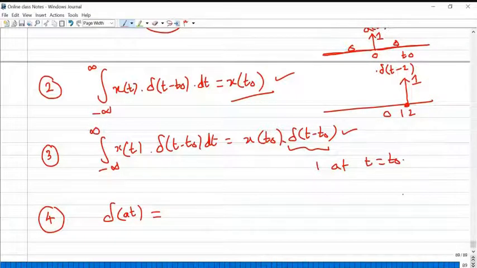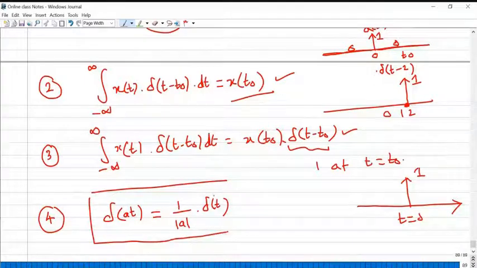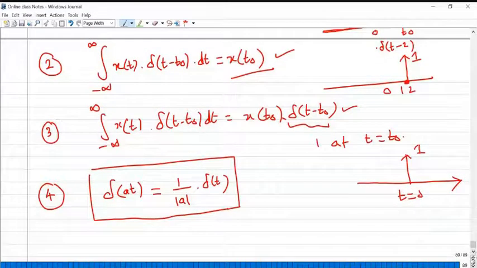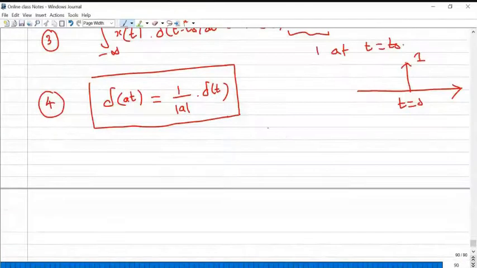At t equal to 0 only, the magnitude is 1. So del of at is equal to 1 divided by modulus a into del of t. Please remember this property. There is a proof for this, but I'm not solving it and it is not required. Just remember, if there is a problem involving del of at, then we have to use this particular formula.